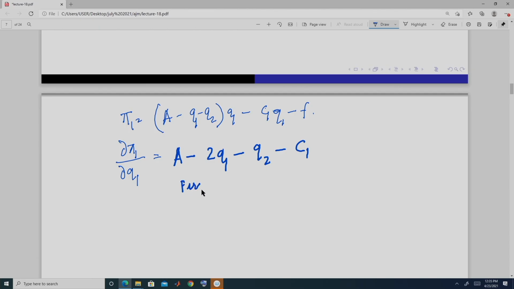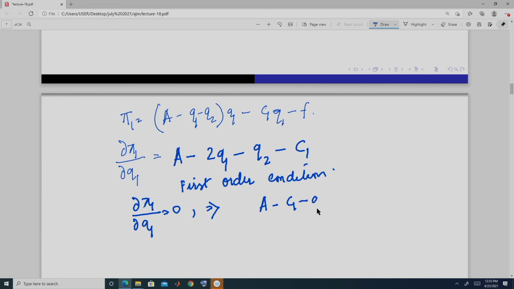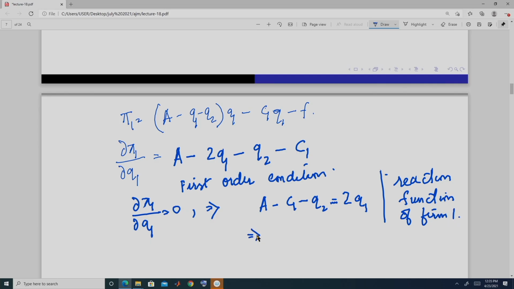Now, simply the first order condition of maximization gives me this, and this we call the reaction function of firm 1, or we can write this as a function of Q2 in this way.